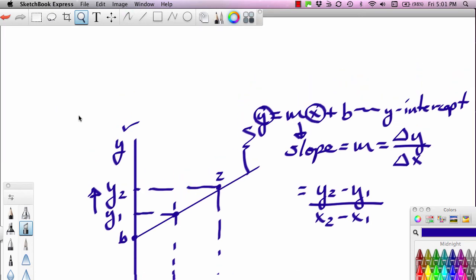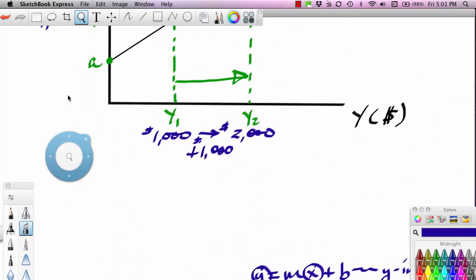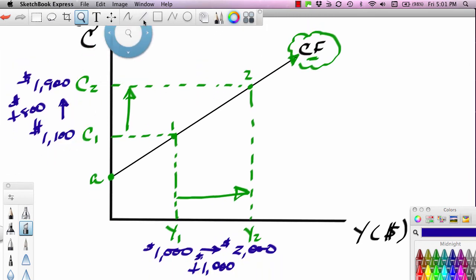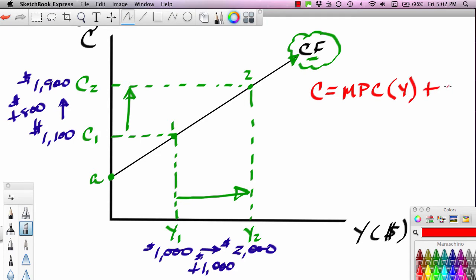Now let's go back up to our picture up here, and we can actually write a formula for this line which will allow us to do some interesting things here. So let me go to a different color here. Let me go to red, and this is not the y-axis and this is not the x-axis. This is the c-axis and this is the capital Y-axis. So actually what we have here is we have this formula. We have c equals MPC, and I'll prove that that's the slope, times y plus little a.